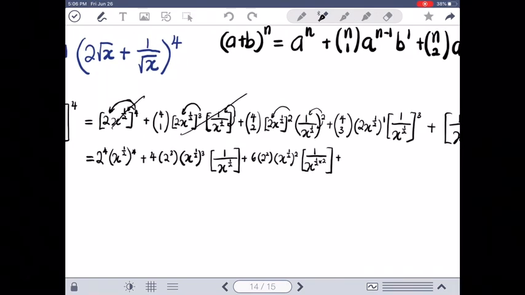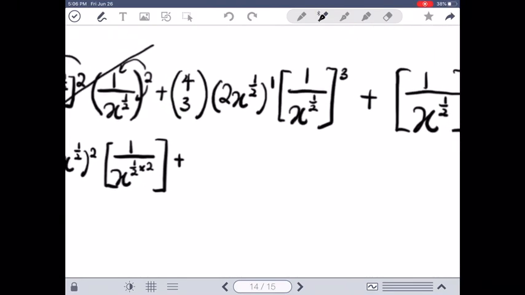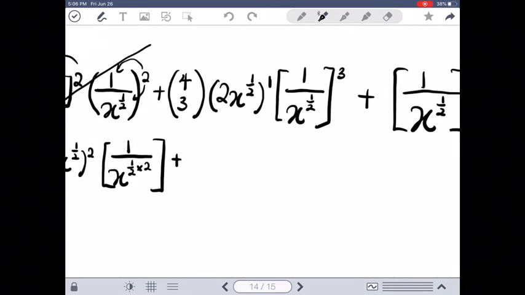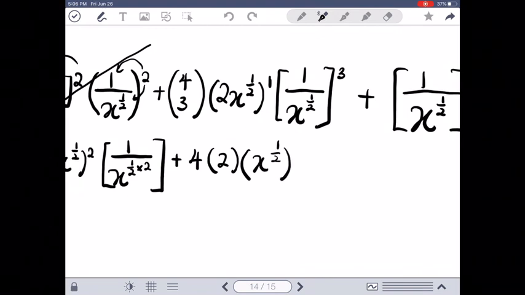So this is done. We are now at the fourth term. So 4C3 is just equal to 4 times 2 to the power of 1 times x to the power of 1 over 2 to the power of 1. So nothing changes there.